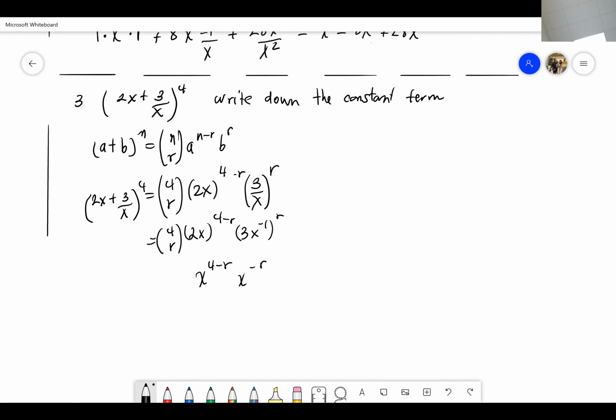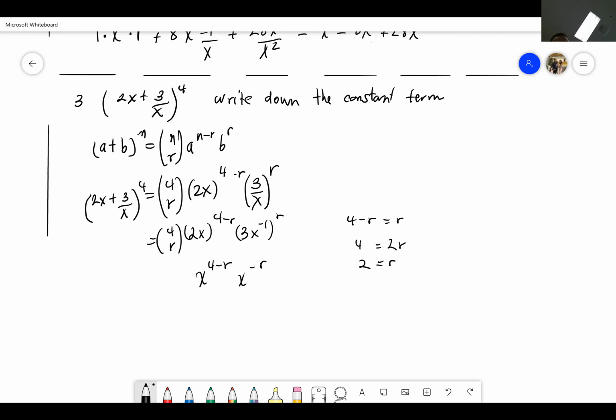You need 4 minus r to equal r, not negative r. Because if it equals r, it will cancel. Does that make sense? Because you're supposed to add those exponents. So when does 4 minus r equal r? 2r equals 4 when r equals 2.